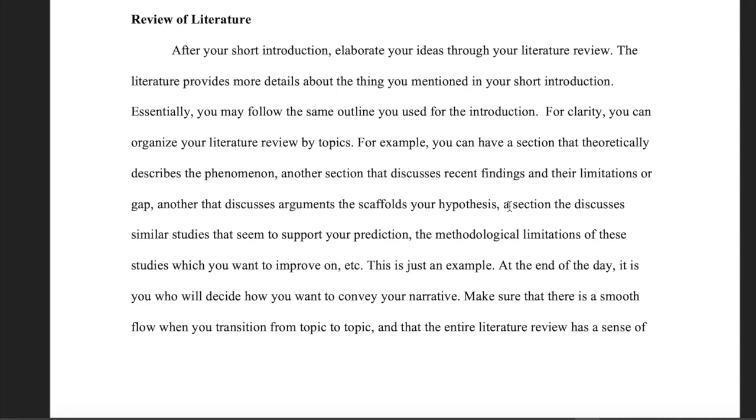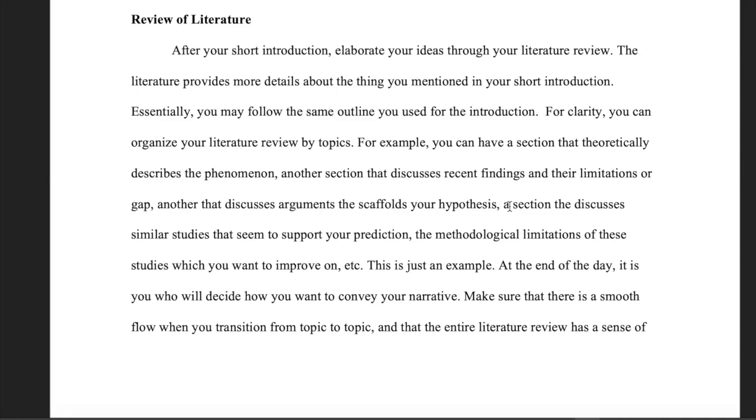Your literature review should allow your reader to understand what phenomenon you are trying to examine or understand, what theory explains that phenomenon, and what the findings of recent studies are with regard to the phenomenon that you are interested in.